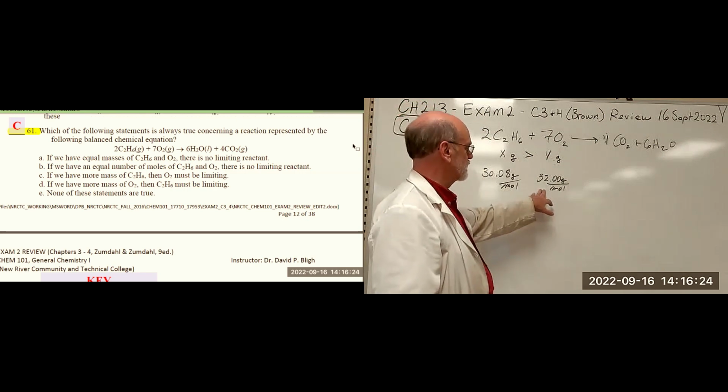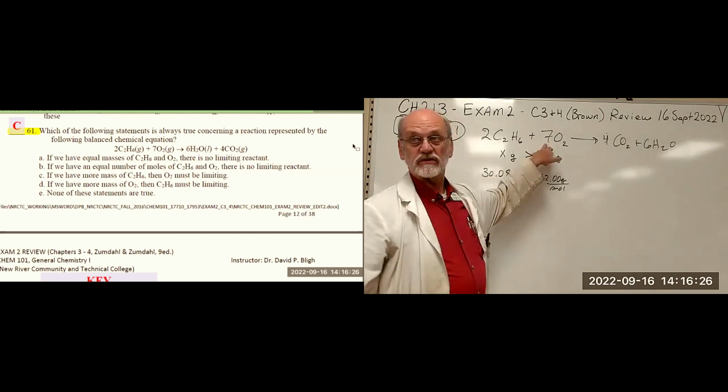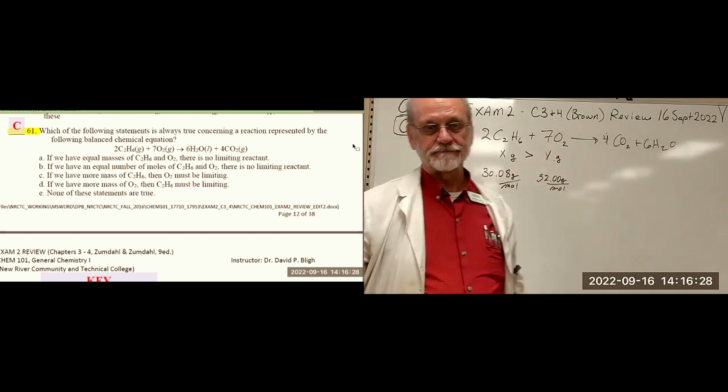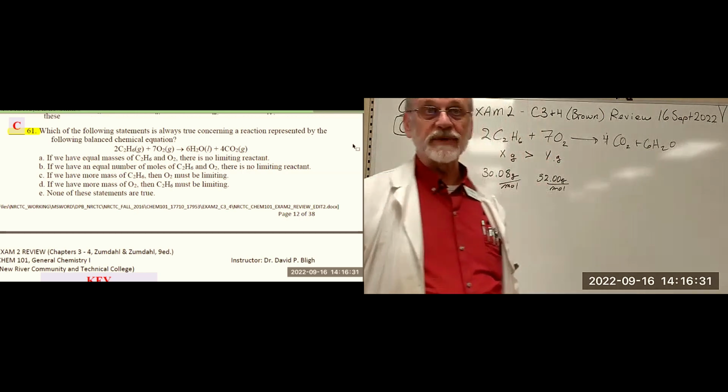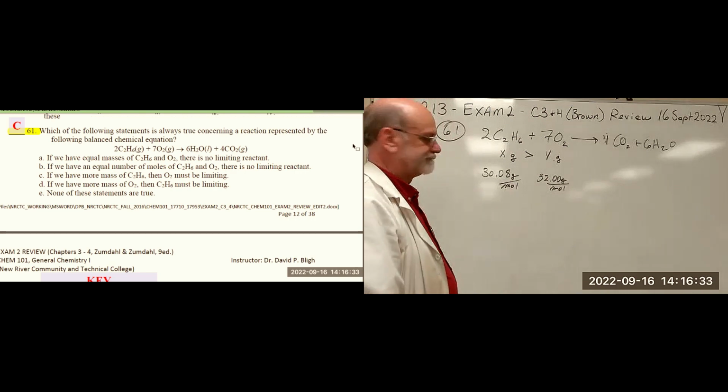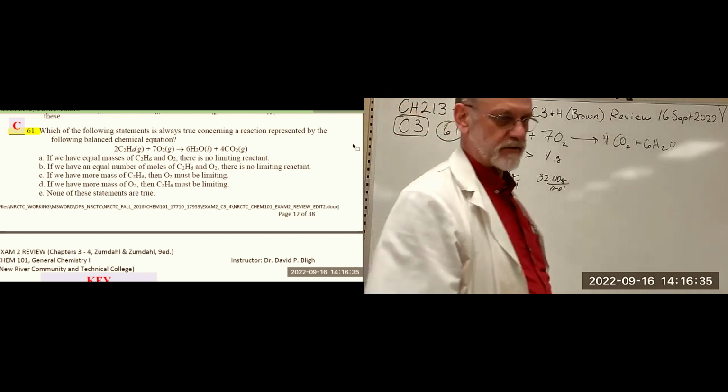This one is still limiting because it takes 7 times as much. So O2 is limiting. And that's our answer. We found our answer already.